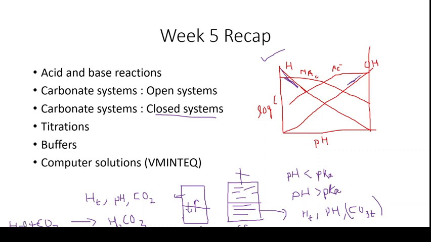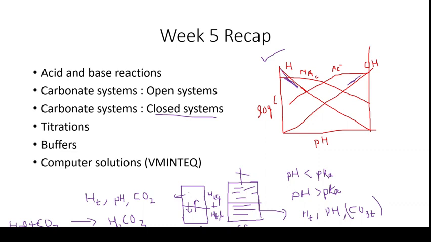Okay, so due to this, the total H, which is the sum of H total gas and H total liquid, their sum is constant before equilibrium and after equilibrium.